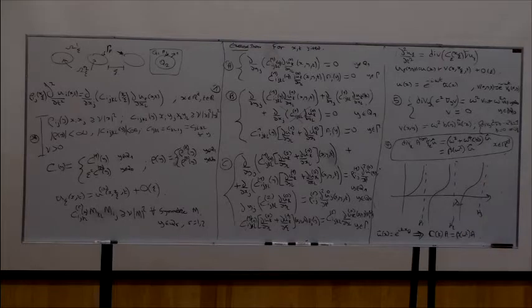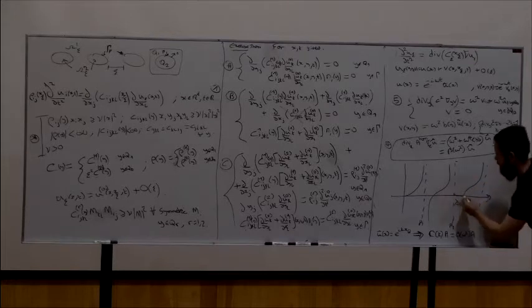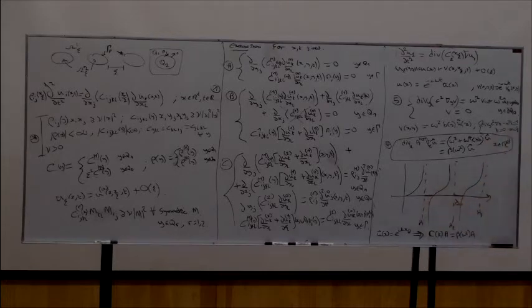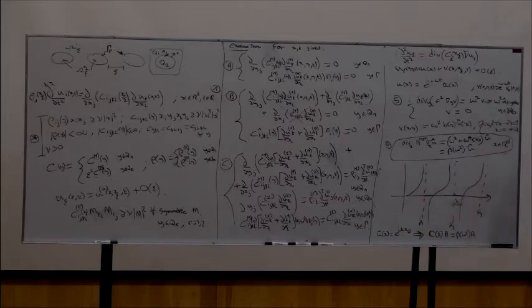So if you choose a frequency omega that lives in one of these regions, then you have arrived at your desired effect. For these frequencies omega, there are no wave numbers k such that there are solutions to this problem. So you have frequency band gaps.